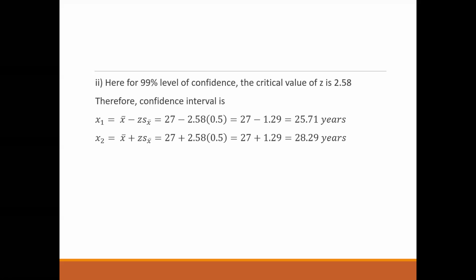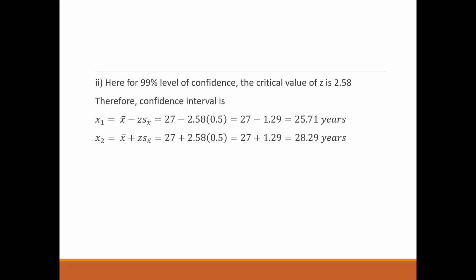Now we have only some 1 minute left, more than 1 minute left. So we'll stop here. This was one simple example which I took to make you understand how to find out the confidence interval, that is the value of x1 and x2. Okay. Now this was an interval estimation of population mean.